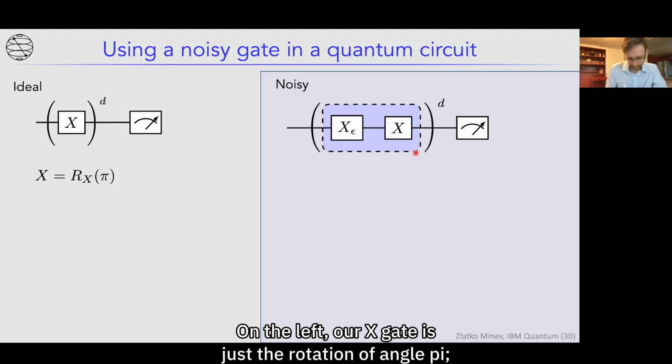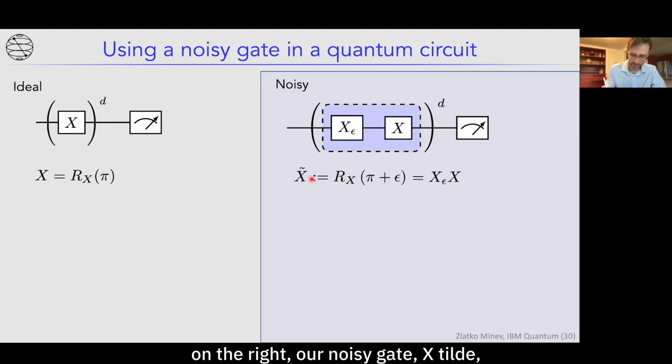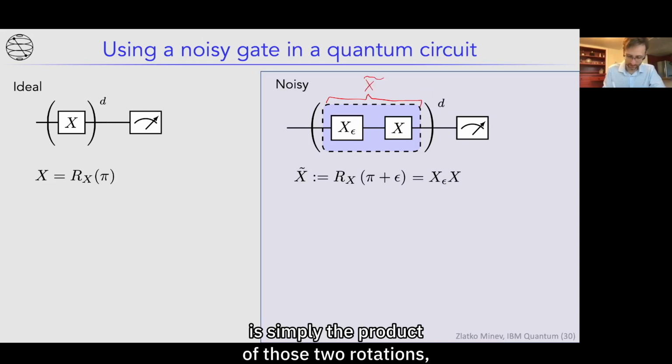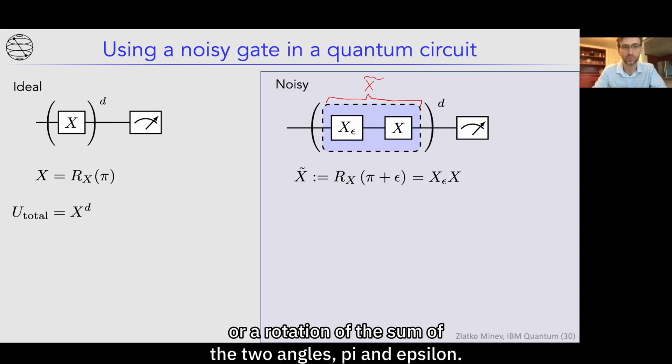On the left, our x gate is just the rotation of angle pi. On the right, our noisy gate, x tilde, which we should be explicit and add in here, is simply the product of those two rotations, or a rotation of the sum of the two angles pi and epsilon.